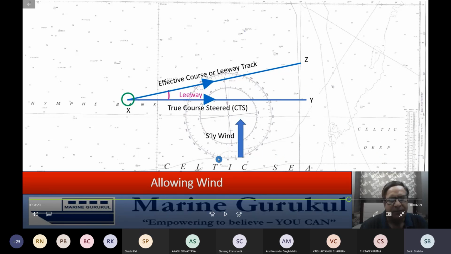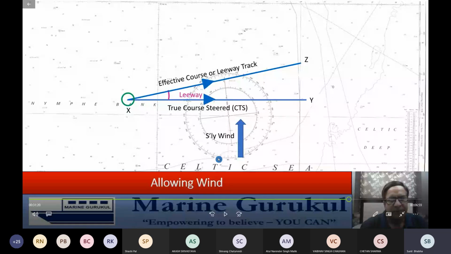So once we know these two, the wind direction and the leeway angle, we can apply it in this particular way and we can get our effective course or leeway track. So up to here, any doubts in the mind? No, sir.